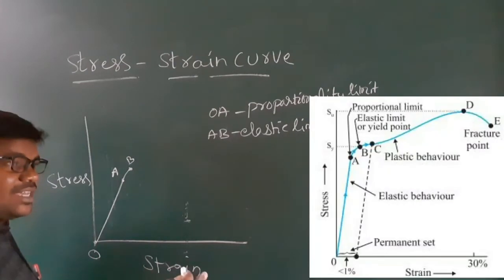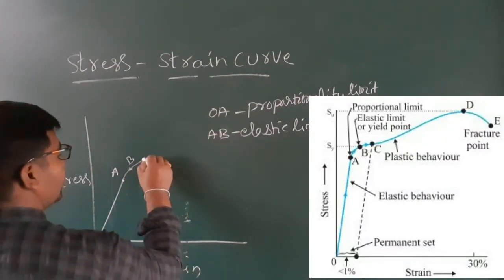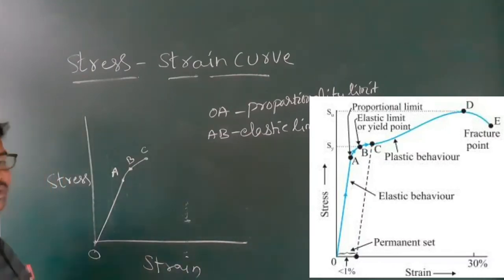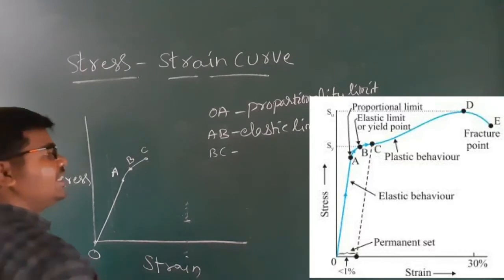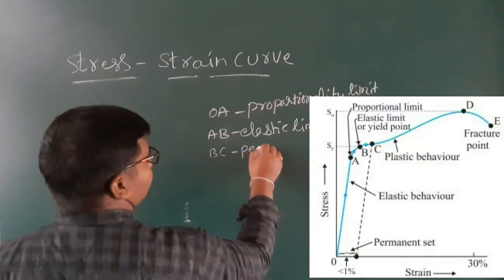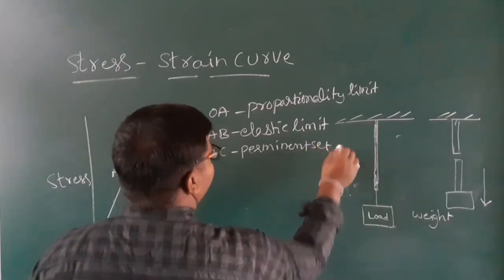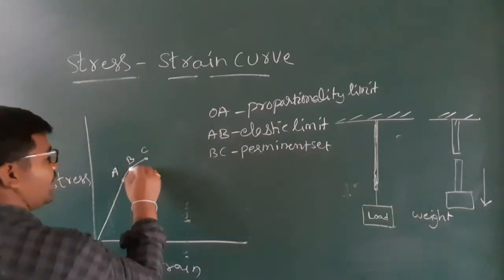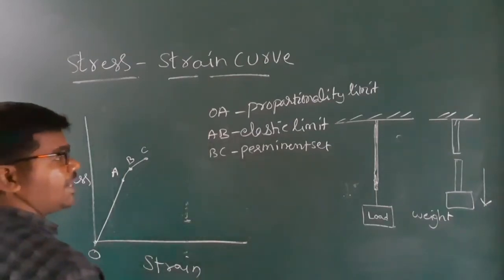And if we apply more, gradually increasing the weight or load, we get C. Understand? Then BC we call the permanent set. Whenever we apply more load than AB, we get a permanent set.